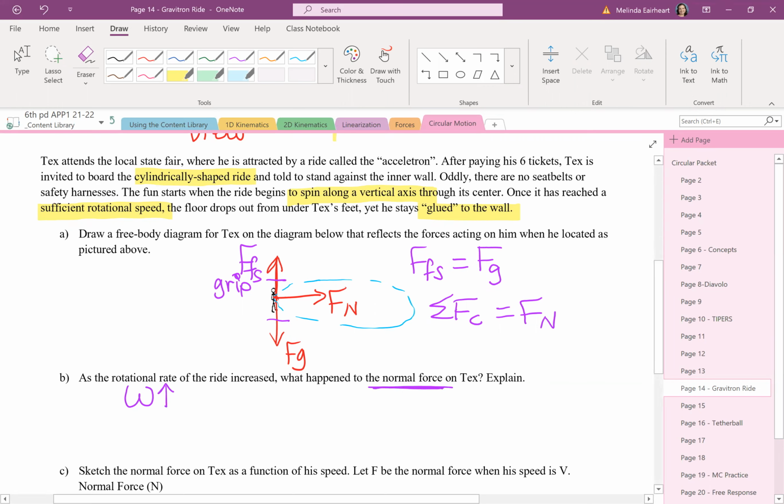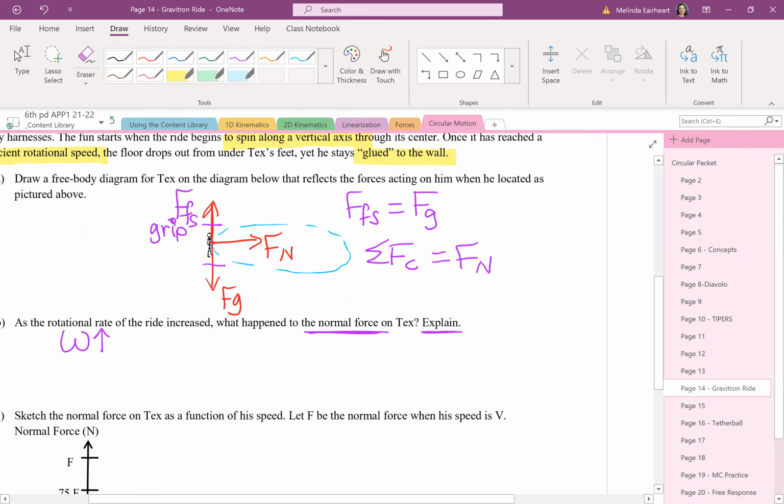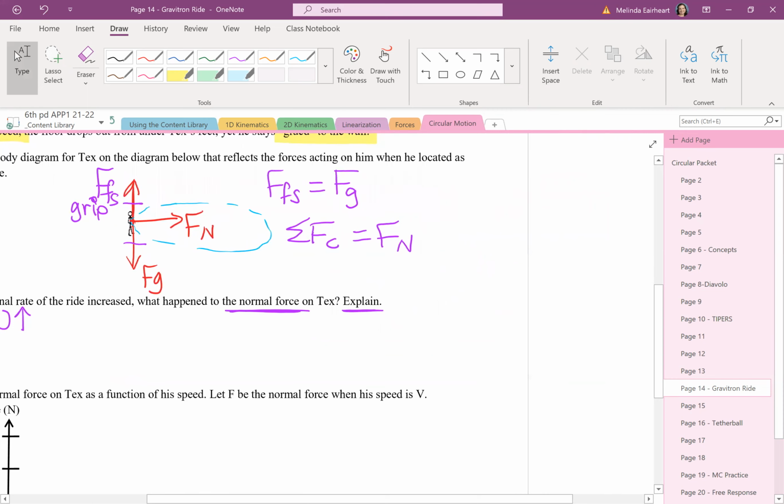What happens to the normal force? Now, I just gave the answer away, but let's look at the explanation. And so I'm going to continue that F net C. Previously, we spent time with omega, angular speed, when it came to velocity and acceleration. Put it in terms of force. F net C equals m a_c, which is equal to m v squared over r.